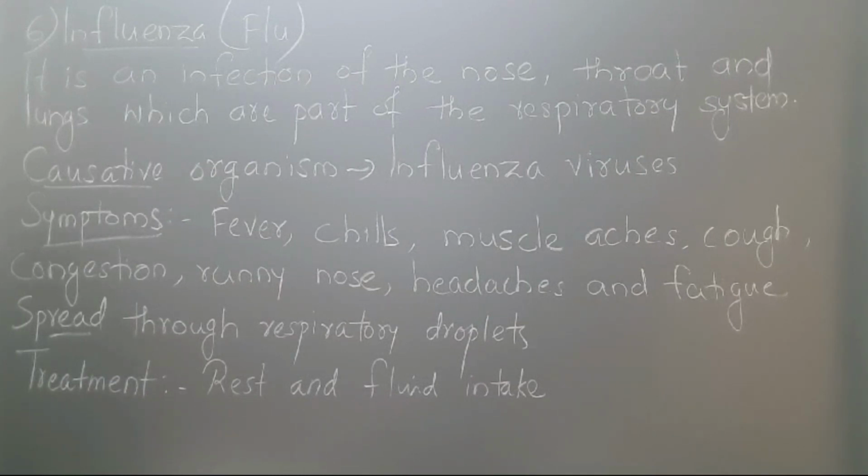Now, how does it spread? These viruses spread from person to person through respiratory droplets. When an infected person coughs or sneezes near a susceptible person, susceptible means prone to get.